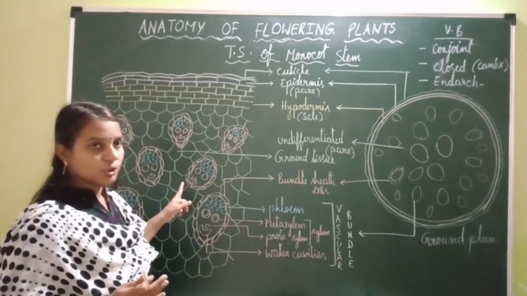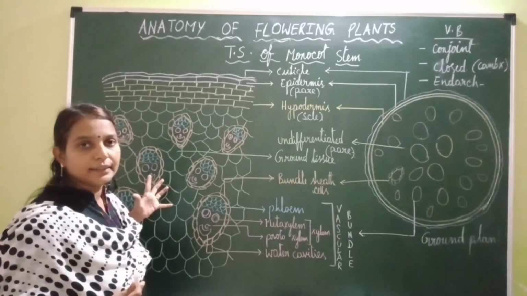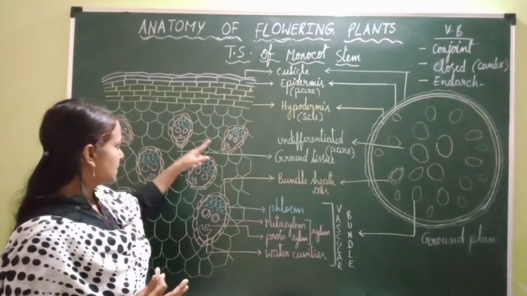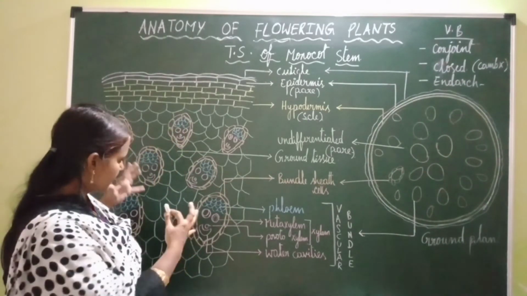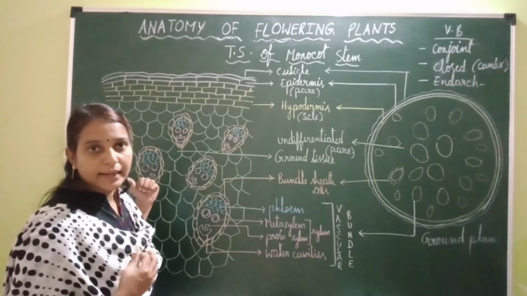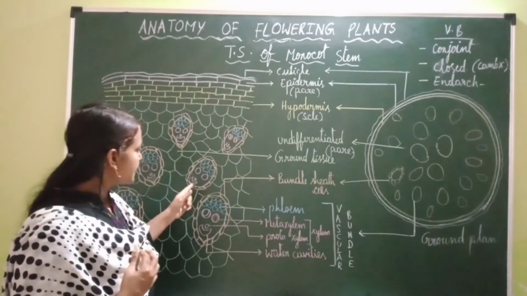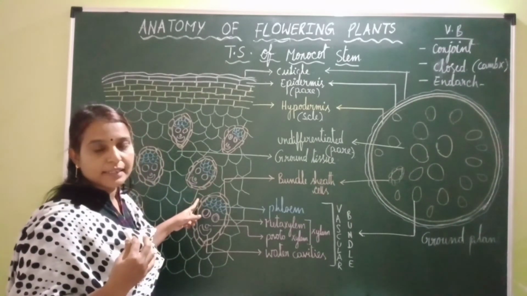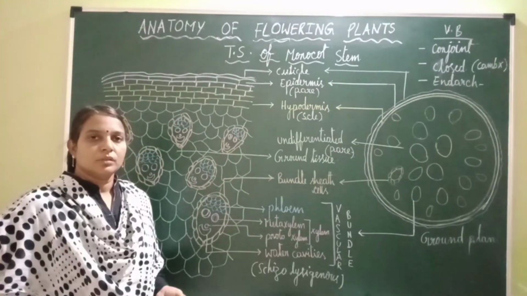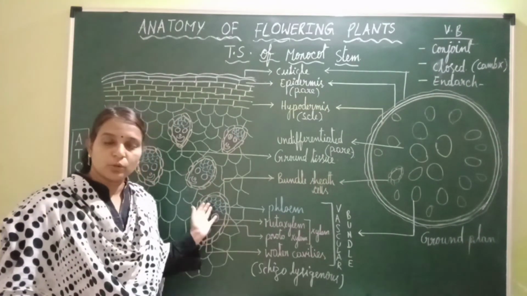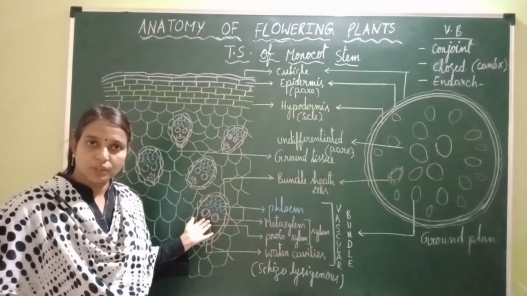In this ground tissue, vascular bundles are scattered. Vascular bundles present towards the periphery are smaller in size, towards the center are larger in size, right? These vascular bundles are surrounded by sclerenchymatous cells called bundle sheath cells. The presence of sclerenchymatous bundle sheath cells around vascular bundles is a characteristic feature.